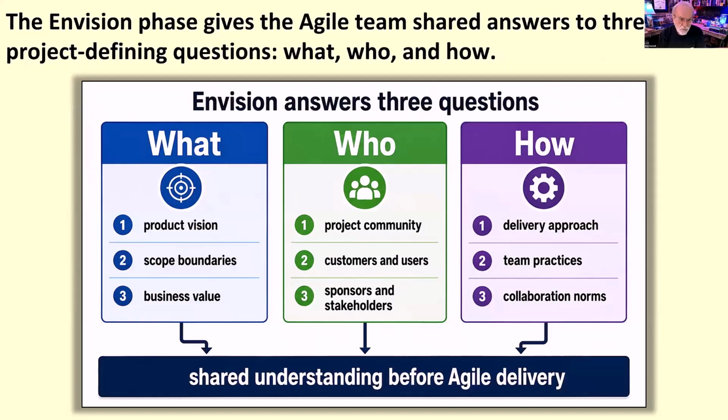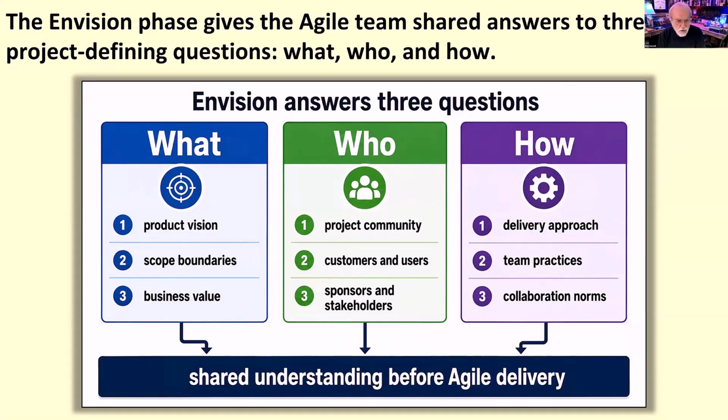And it answers 3 basic questions. The Envision phase gives the Agile team shared answers to 3 project defining questions, the what, who, and how. It's organized around these questions. The first is, what are we delivering and why does it matter?